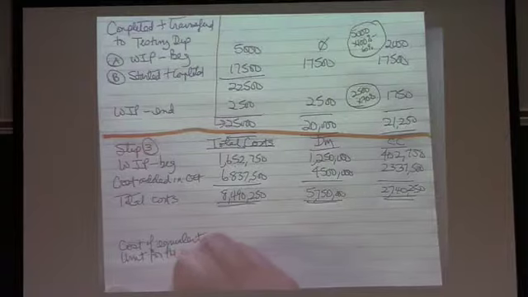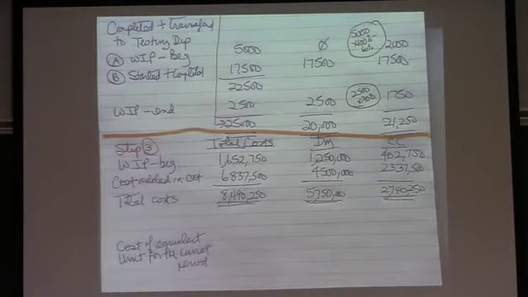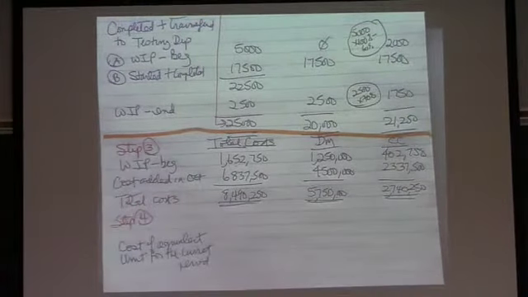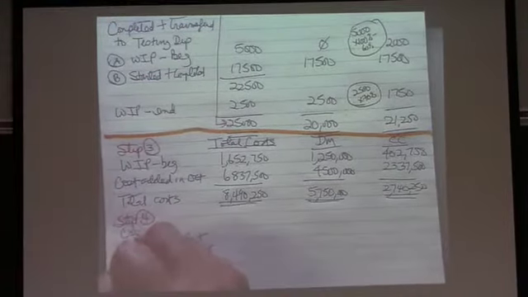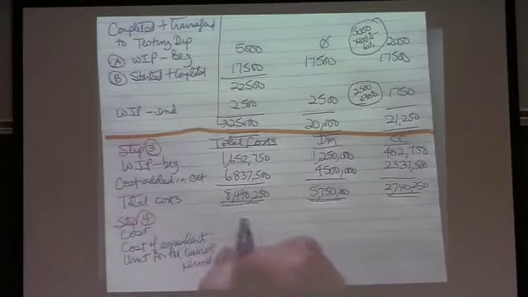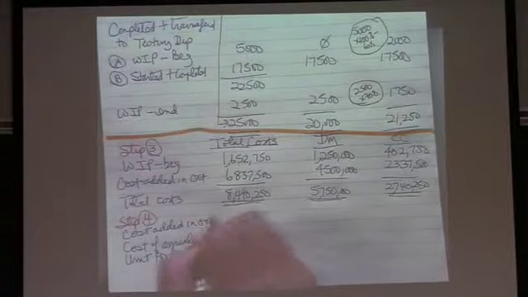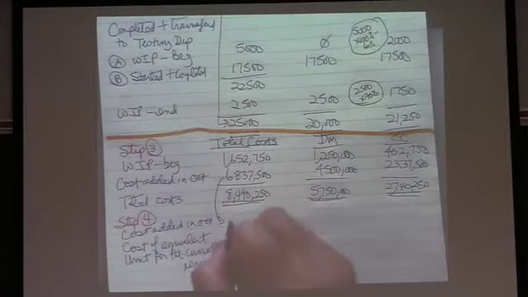And this is step 4. And really what I want is I only want the cost incurred, right? Cost added in October, which is really this number here.